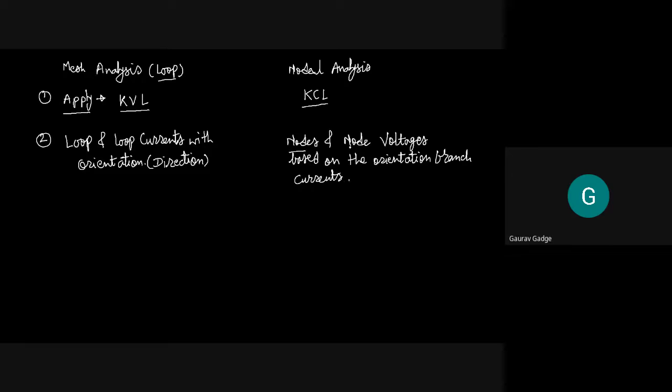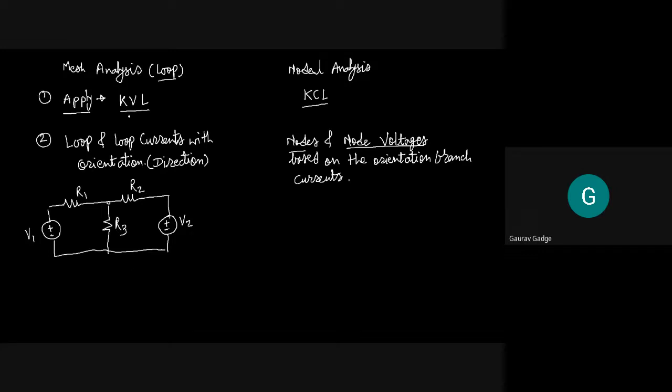Nodes and node voltages. Like if I just consider a particular circuit, say there are 3 resistances connected in a network with 2 voltage sources, V1 and V2, with the resistances R1, R2 and R3.